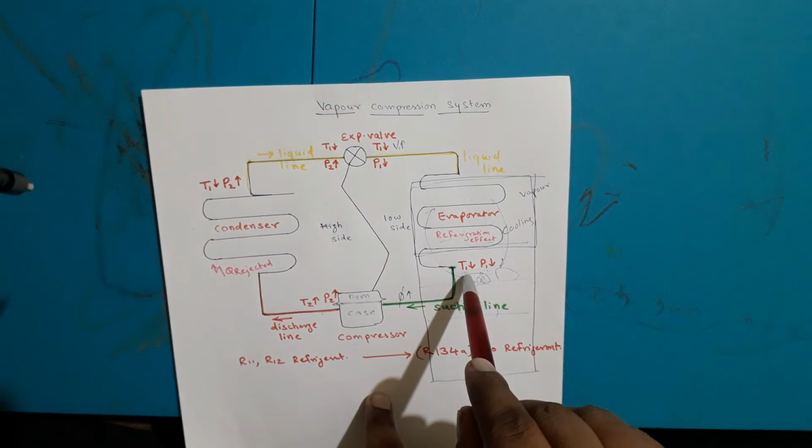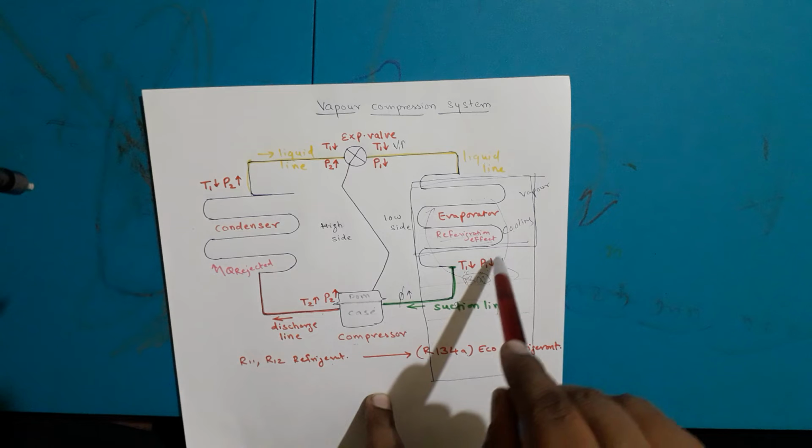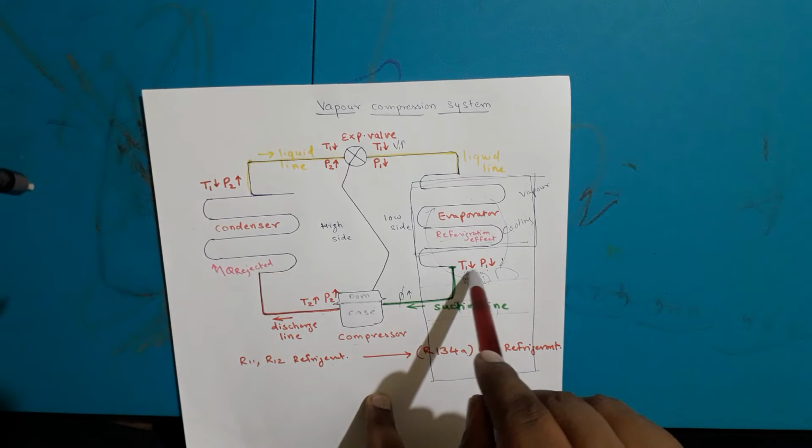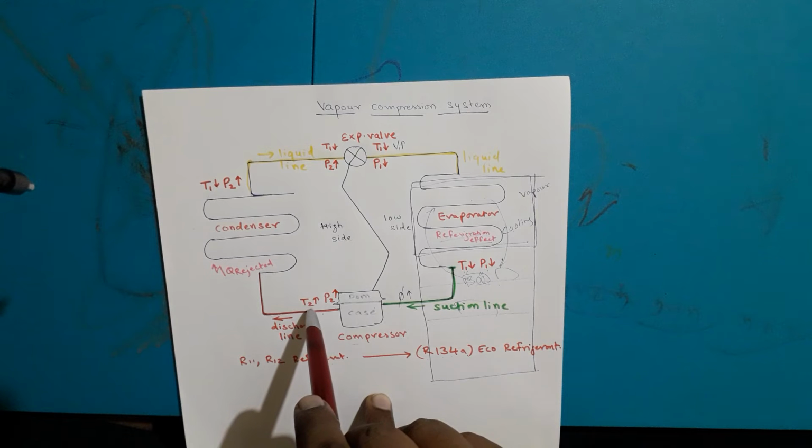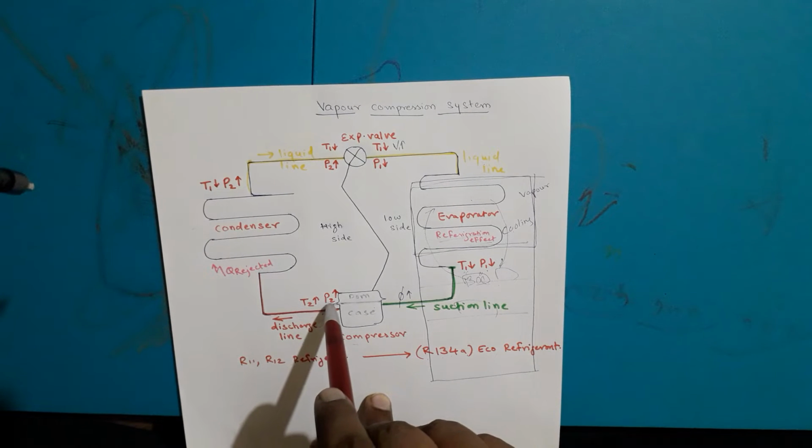Here T1, P1, this arrow shows that they are low temperature, low pressure, and after compression they convert into high temperature and high pressure.